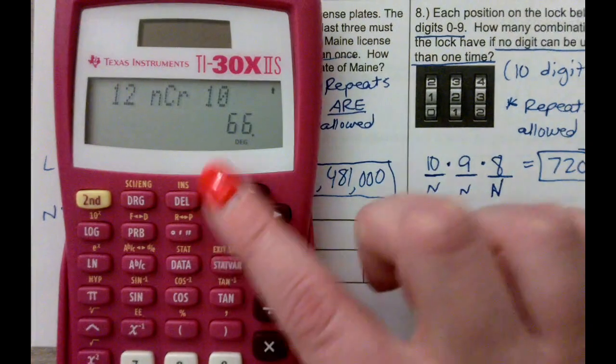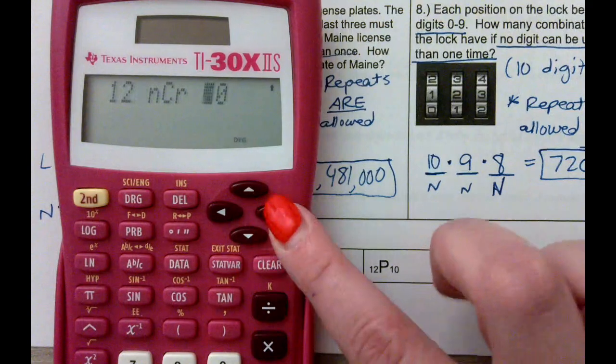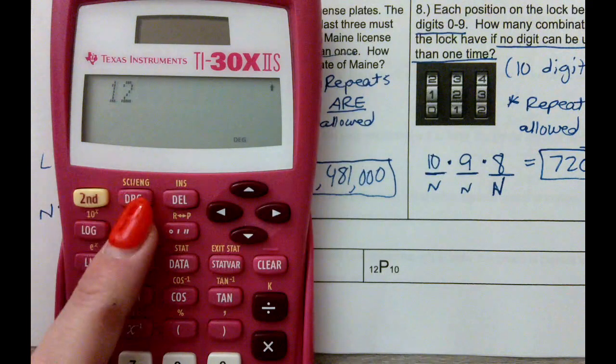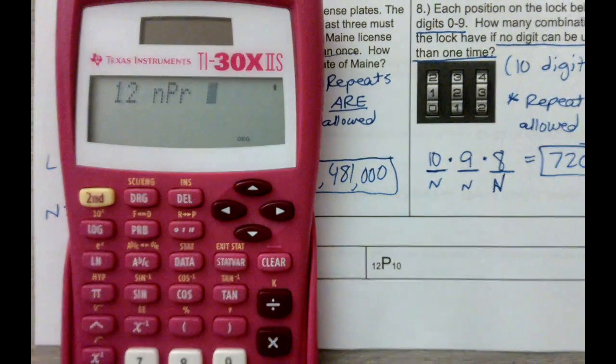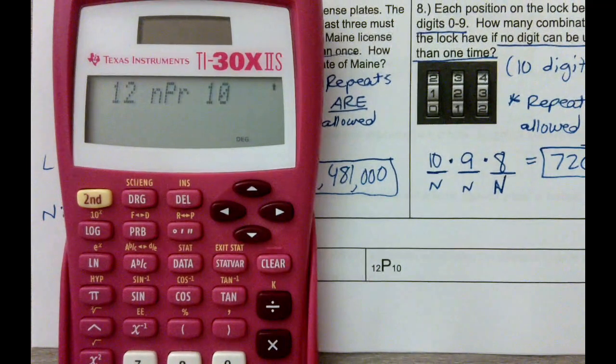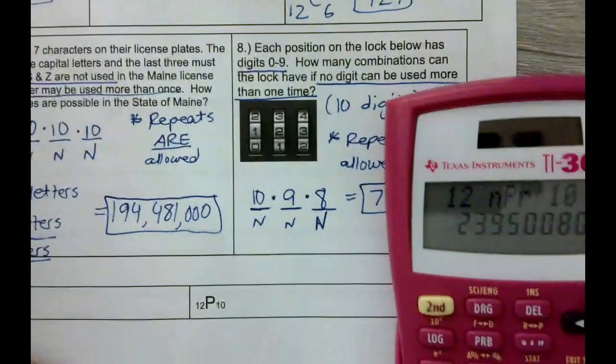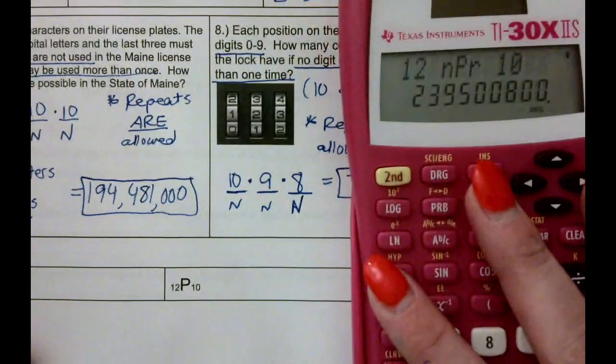Okay. They're the same problem, just one's a permutation, one's a combination. I'm going to clear this out before I make a mistake. 12 P 10. Big difference there. Okay. Let me gather my digits here.